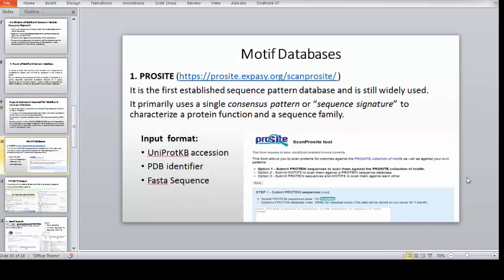There are some databases. The first one is PROSITE. This is the first established motif database that contains consensus sequences and patterns, which are also called sequence signatures. It contains thousands of sequence signatures with defined biological functions.